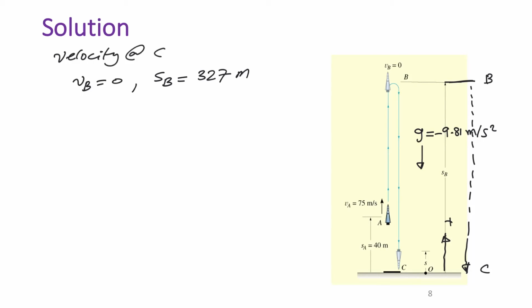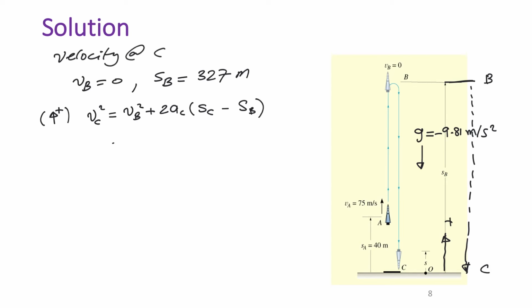Now we can write down the equation similar to the previous one, again assuming that upward is positive, but this time between VC square and VB square plus 2AC multiplied by SC minus SB.